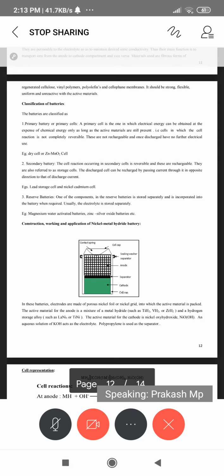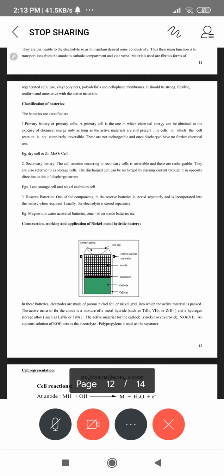Balancing these equations, the summation of the overall reaction is MH2 plus 2 nickel oxyhydroxide become 2 nickel hydroxide plus M.